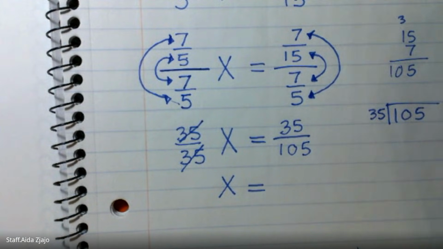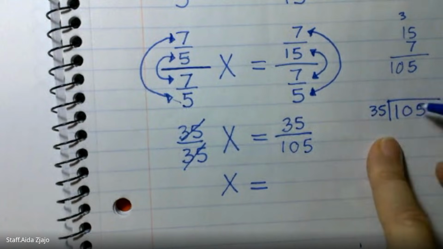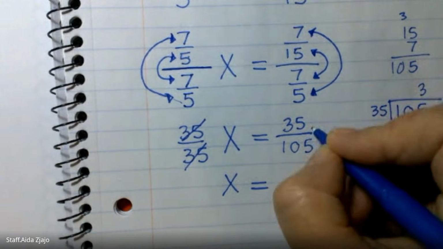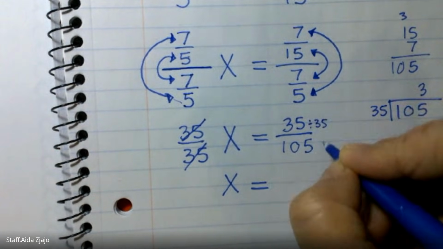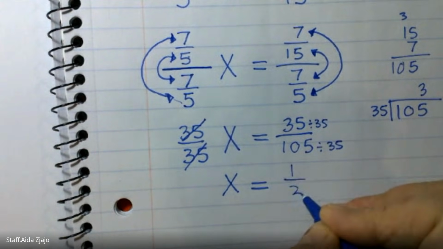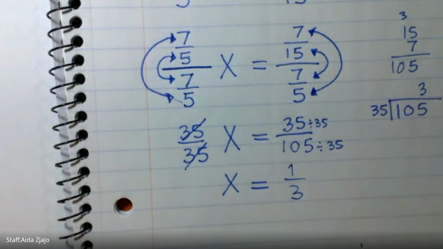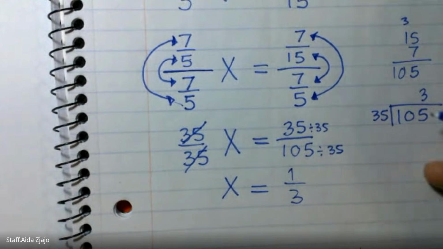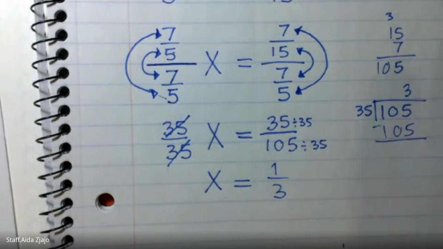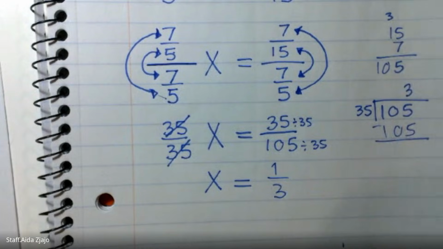It should be 3, because 35 is 70, and 70, so if we divide by 35 both, we will get our 1/3 as the answer, which is the same as the problem that we just had.